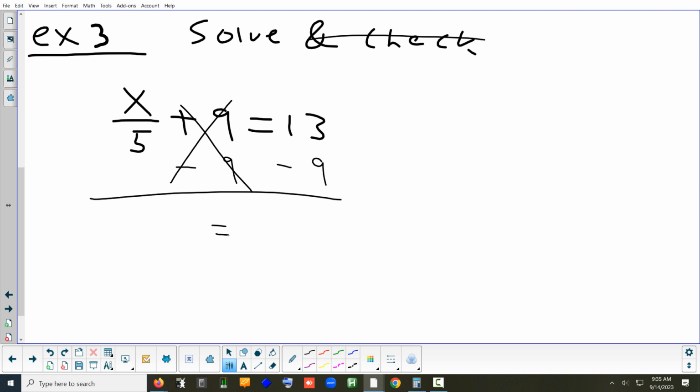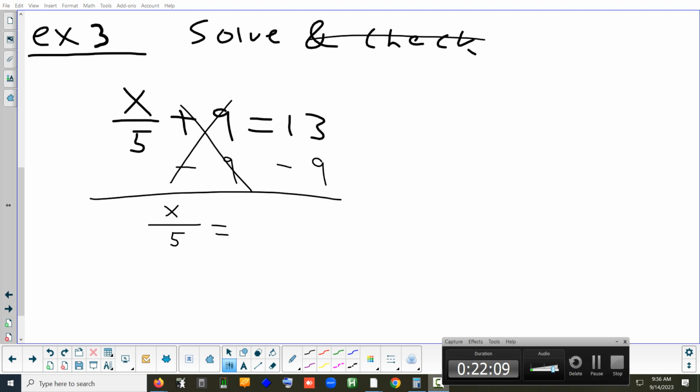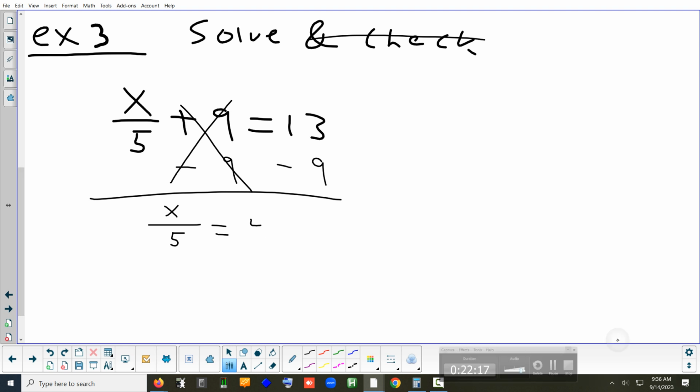On the left-hand side, we still have x divided by 5. And what about on the right? What's 13 minus 9? 13 minus 9, yep, that's going to give me 4. Okay, am I done? No, I still don't have x by itself.